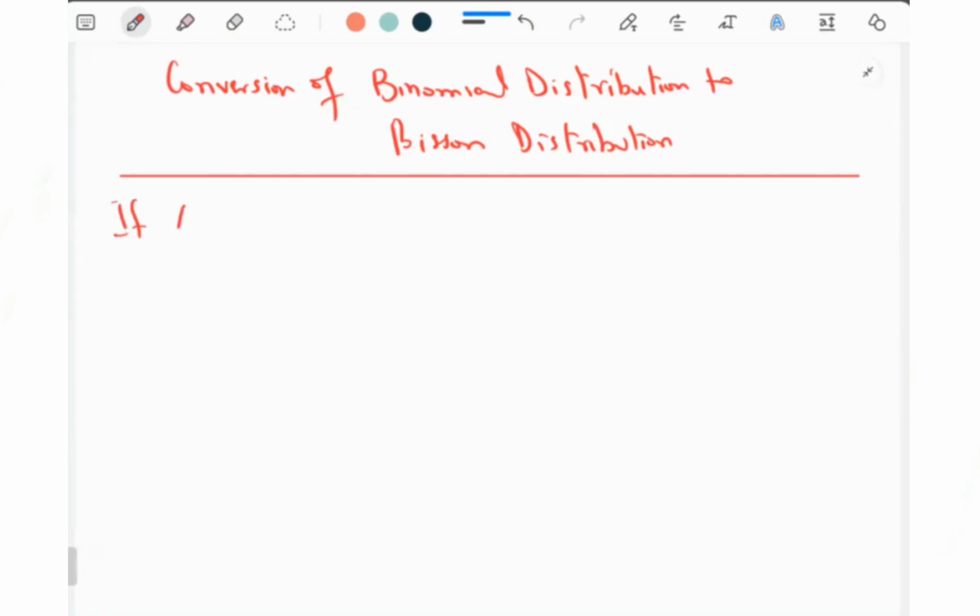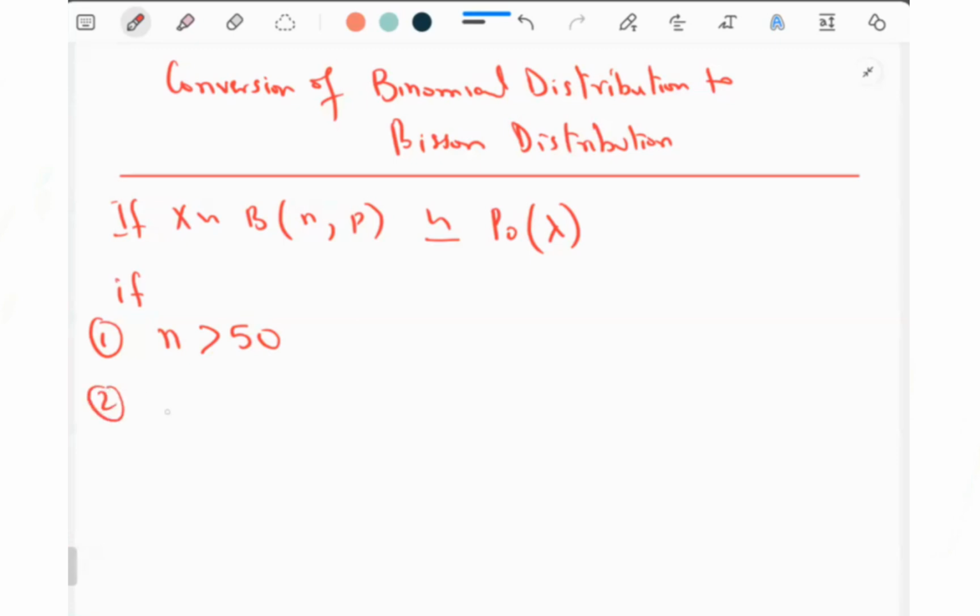If X is a binomial distribution n comma p, it can approximately be converted to Poisson distribution lambda if number 1, n is greater than 50, number 2, np is less than 5.